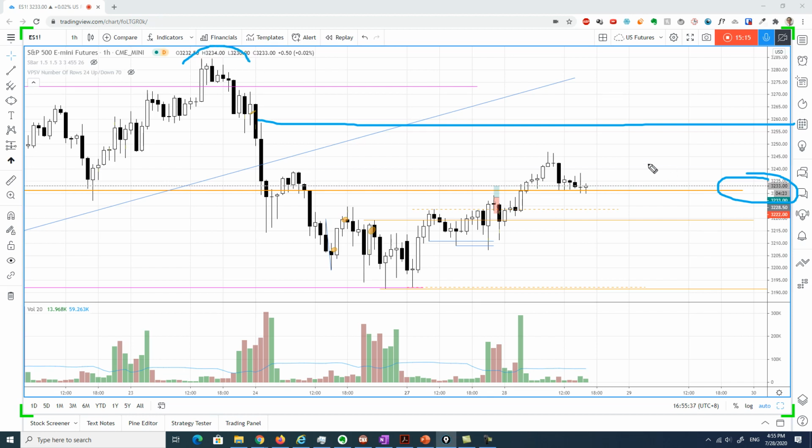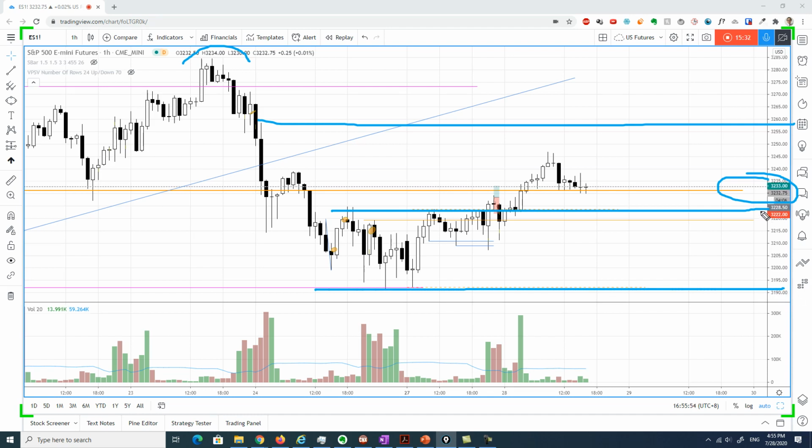For potential or immediate support, this is the range that we'll be watching. This is the trading range here, and then another trading range here from 3190 to 3225. So that's the region here.